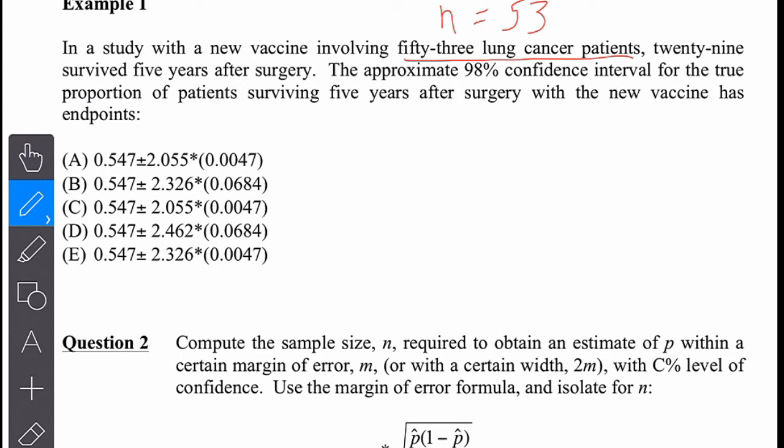So you should be thinking, this is a sample. And I'm looking at successes, survival in this case, right? So X is the number, the count of successes. X is 29. And then I'm told I want to know about the approximate 98% confidence interval.